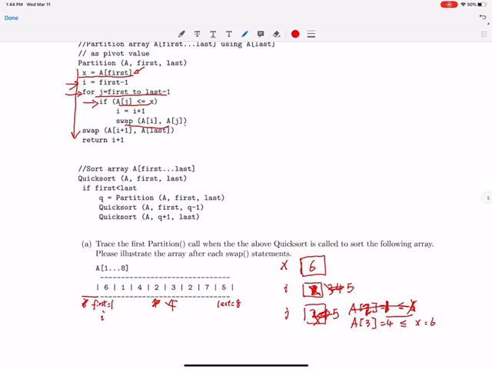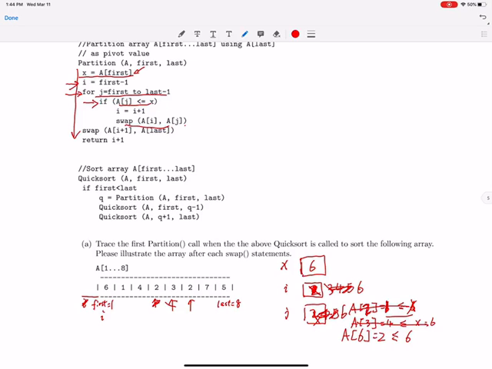Now j will be here, 6. A[6] is 2. It's still less than or equal to our pivot value. So i will be increased to 6.